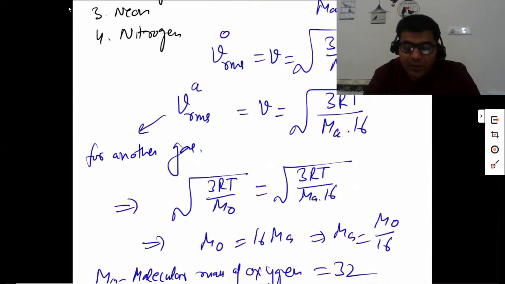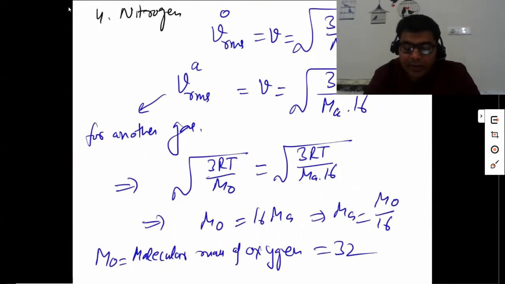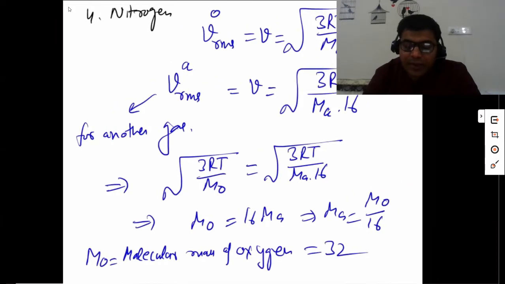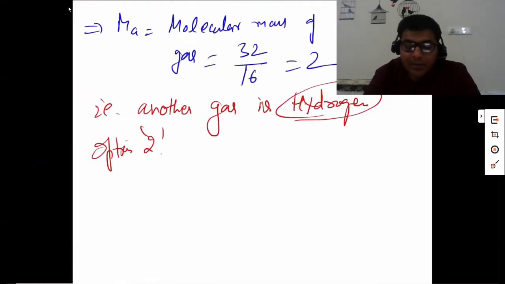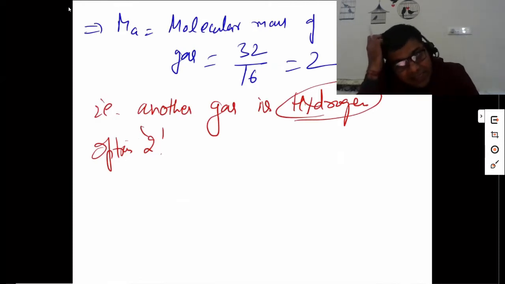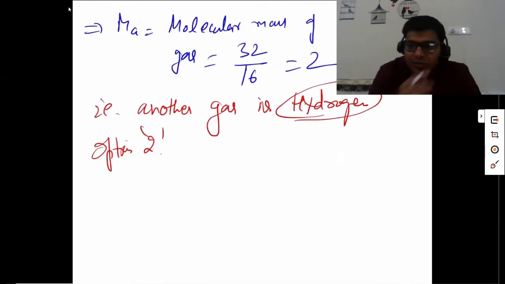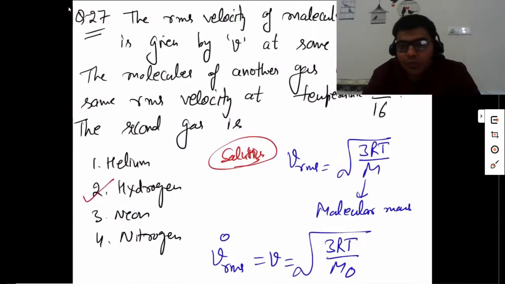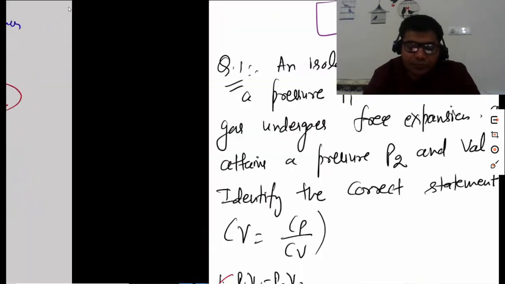Both are V, so I equated them, and it gives me Mo is equal to 16 times Ma. So Ma is Mo by 16, and Mo is 32. So I get Ma, the mass of the molecule of the other gas, as 2, which clearly indicates that the other gas is nothing but hydrogen, because hydrogen has the molecular mass of 2. So option 2 was correct in this question.